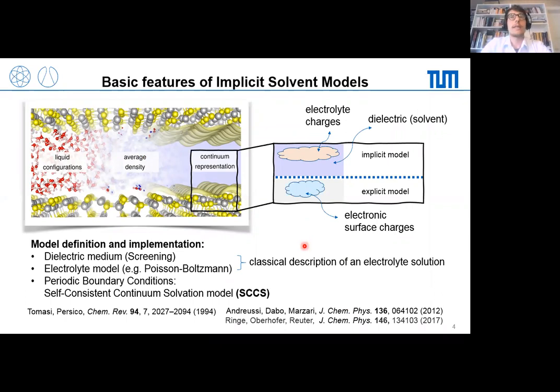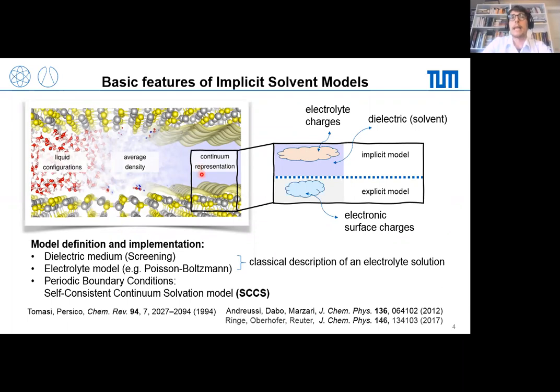Now, how do these implicit solvation models typically look? Well, the idea is that the solvent, or this electrolyte solution, if you take an ensemble average, is relatively unstructured as soon as you're a few angstroms inside the solvent. And so you can potentially describe this solvent and all solvent free energy changes by a continuum representation.